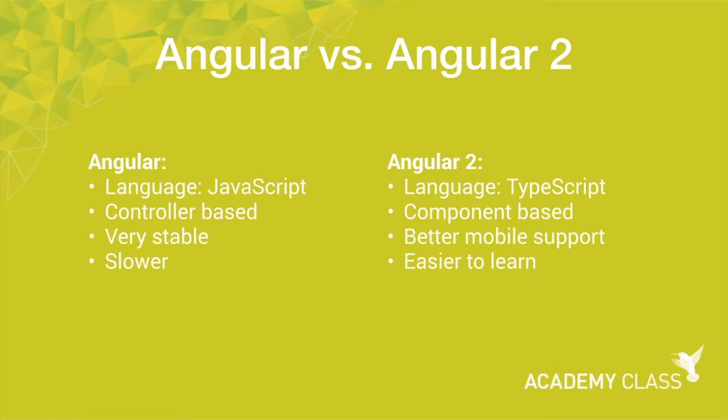Angular is a very stable project. It's been around for quite some time. It has a large code base. It has lots of tutorials. It has lots of example apps, etc. Angular 2, on the other hand, graduated to beta, I think, at the end of last year.